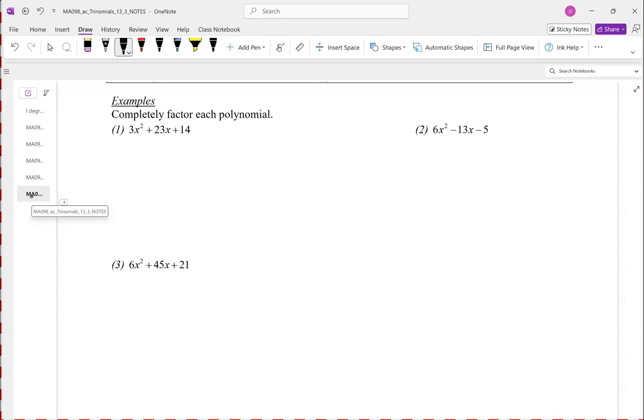So the AC method says to do what first? Multiply the 3 and the 14 together, right? That's step 1. 3 and 14 give you 42. So the next step is to find factors of 42. Good.